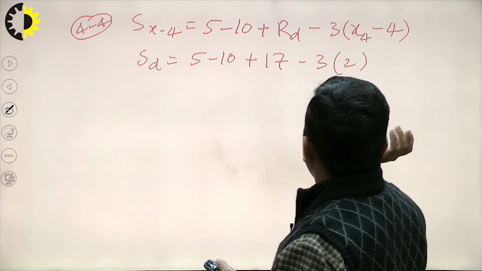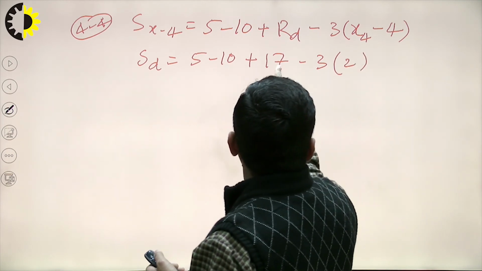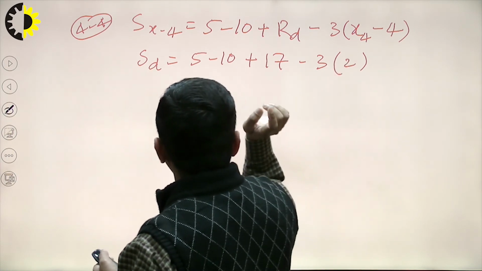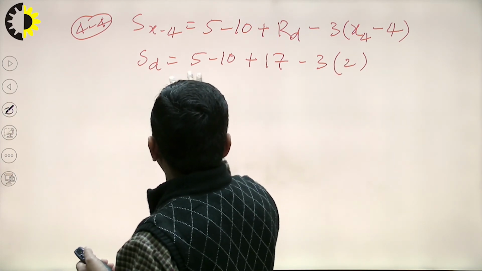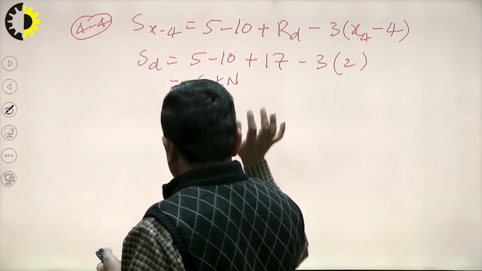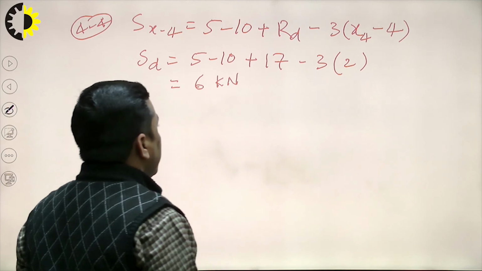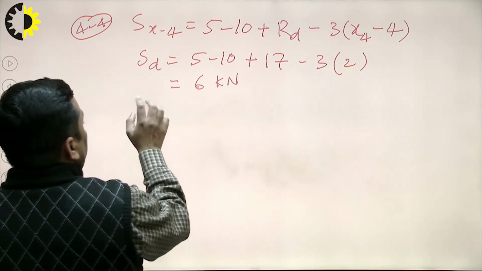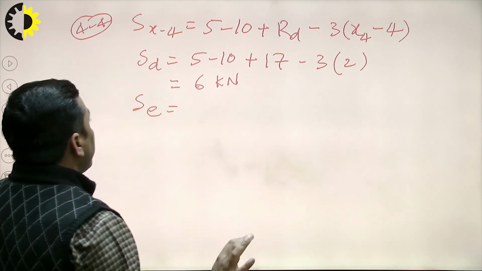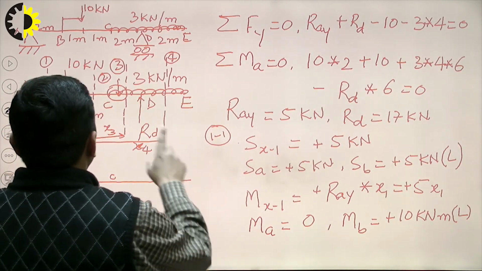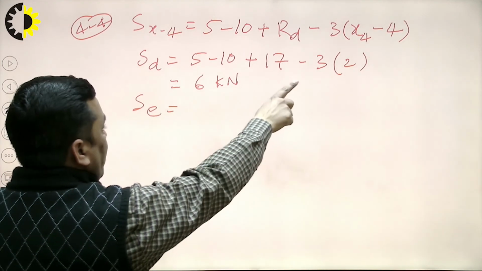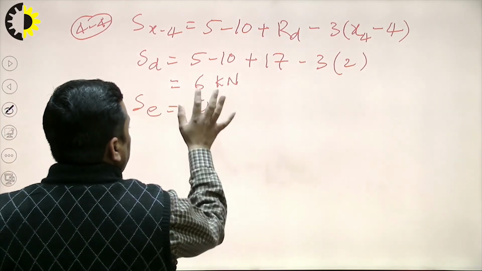So, how much is it coming out? Minus 5 minus 6, minus 11. So, it is coming out how much? At point D, it is 6 kilonewton. Is it correct? Please check the calculation. It is 6. Okay. And for point E, whenever we put the distance 8 here, it will come out 0.